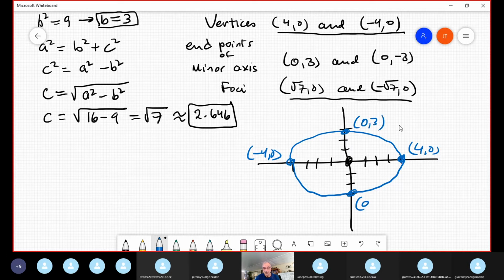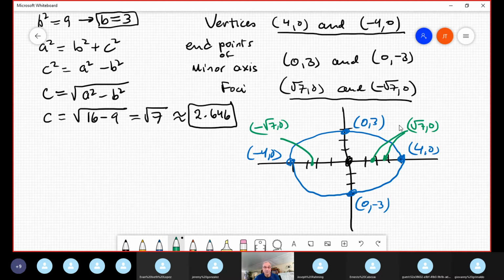This point is 0, negative 3. And the foci, let me change the color, is 2 point something. 2 point, I suppose, here. This point is radical 7,0. Sorry. It's approximately here, 2 point something here. And here, 2 point something here. Negative radical 7,0.